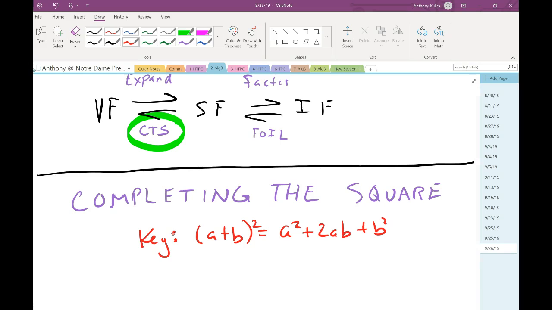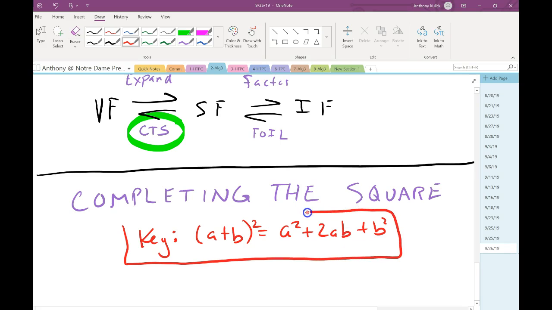You remember this formula that I gave you guys and said it was going to be important later on? This is when it's going to become important. And it's really important because it's our motivation for how this completing the square process is going to work.